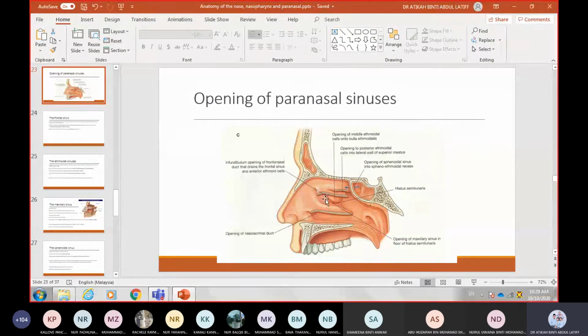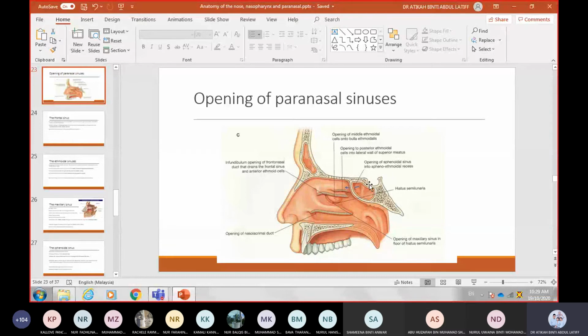So all that drains here in the middle meatus. How about the inferior meatus? Lacrimal. Only your nasolacrimal duct. So no sinuses open in the inferior meatus, only the nasolacrimal duct. As for the sphenoid sinus, the opening is above all the concha and meatus. It drains into the sphenoethmoidal recess.